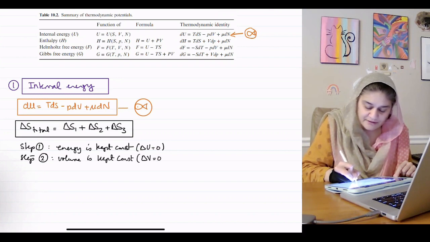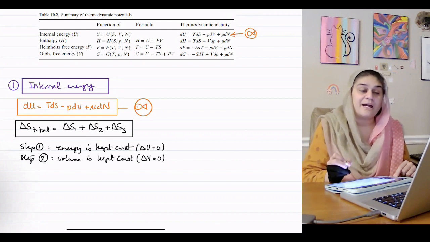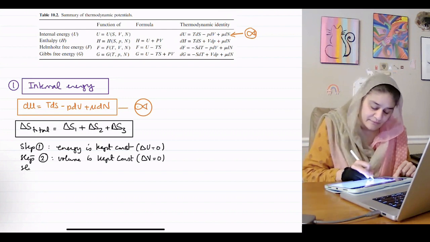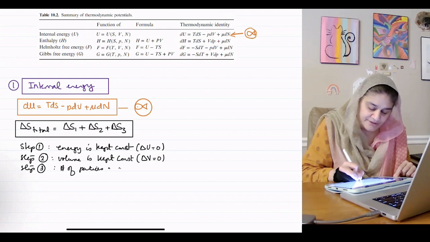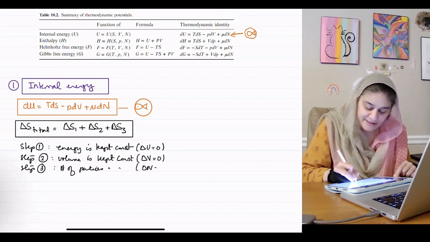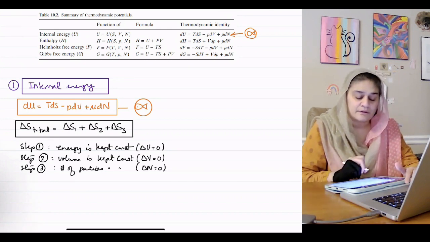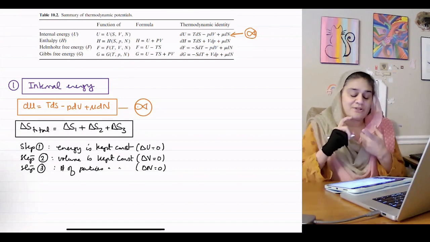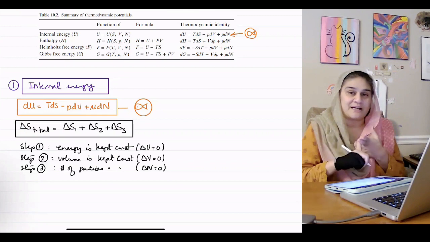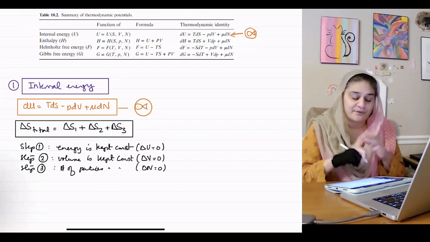Delta V equals 0. And during step 3, my number of particles is kept constant. That means delta N equals 0. So that means that my total change in entropy is just delta S1 plus delta S2 plus delta S3.